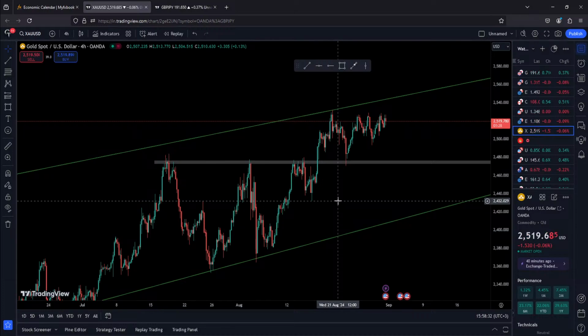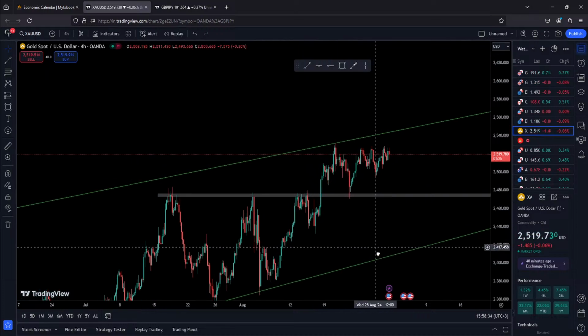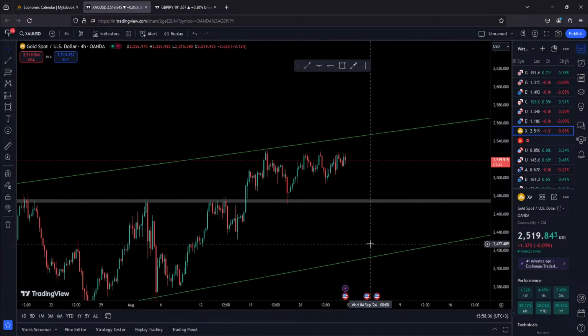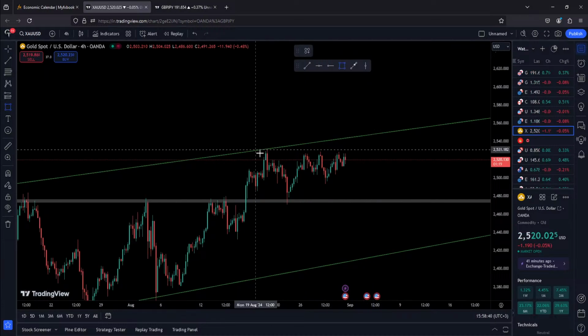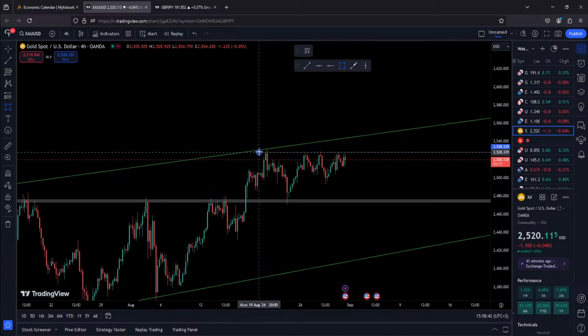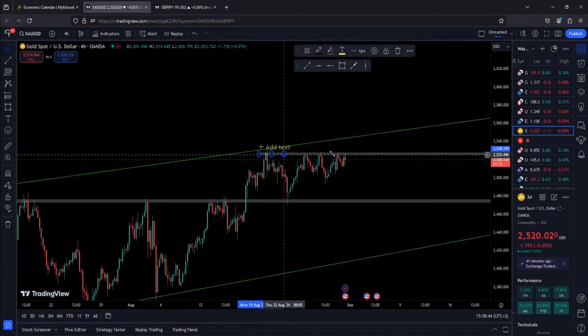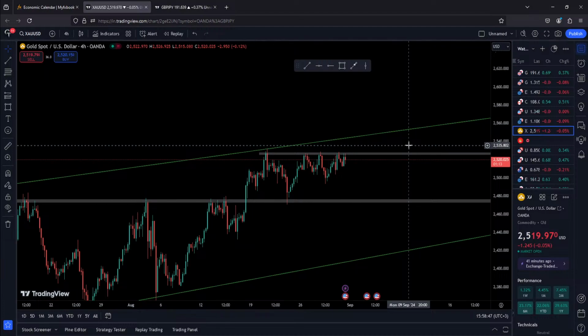Okay, now let's talk about the second thing I can see over here. There is another key level where the market is currently at.